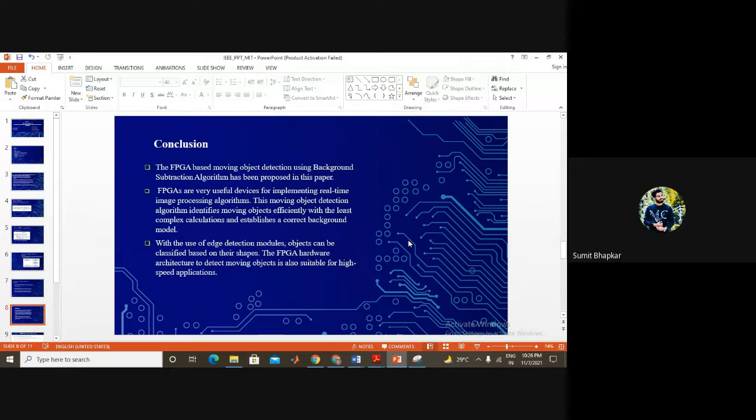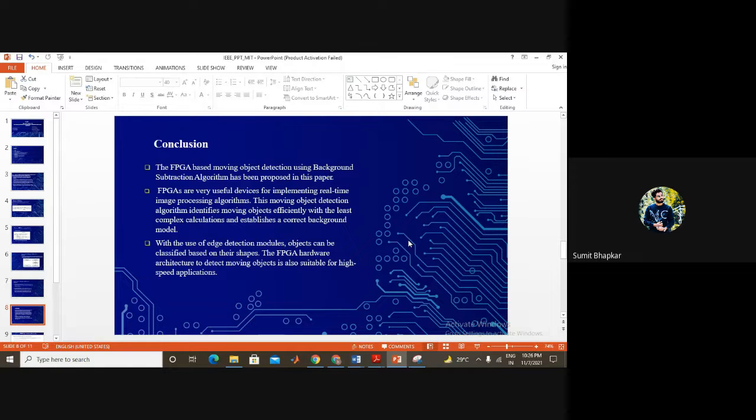Okay, so the conclusion of this paper is that FPGA-based moving object detection using the background subtraction algorithm has been proposed in this paper for FPGAs, which are very useful devices for implementing real-time image processing algorithms.